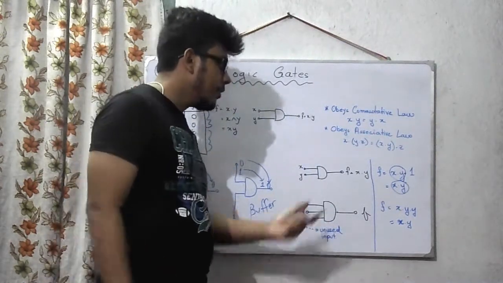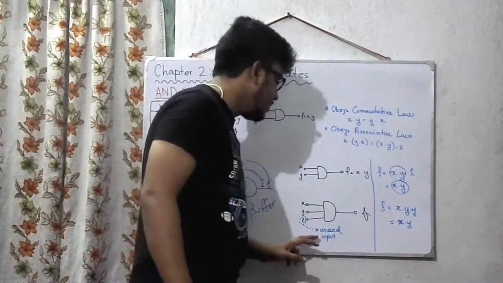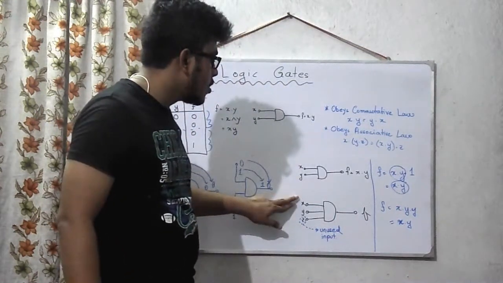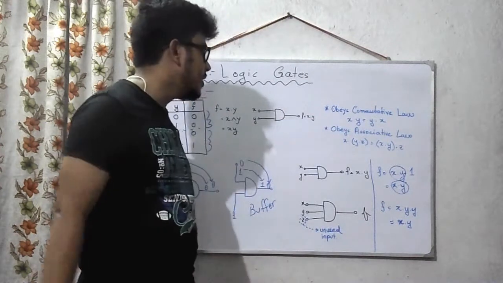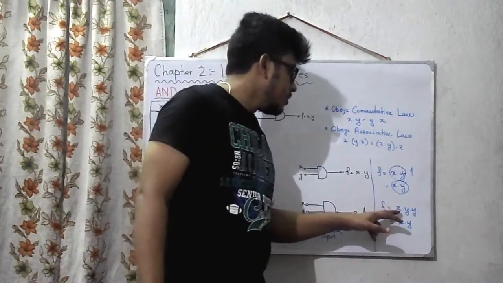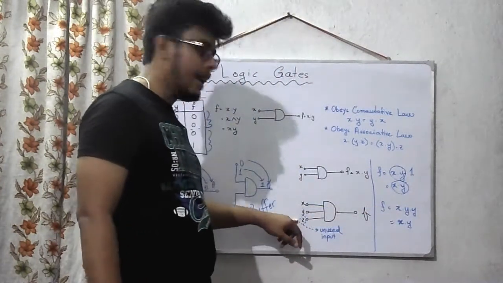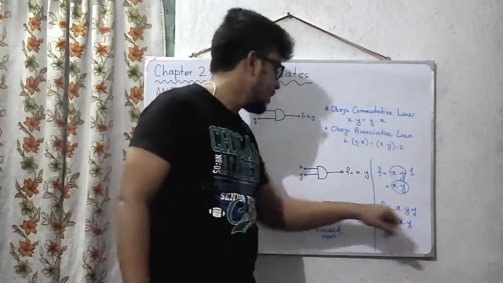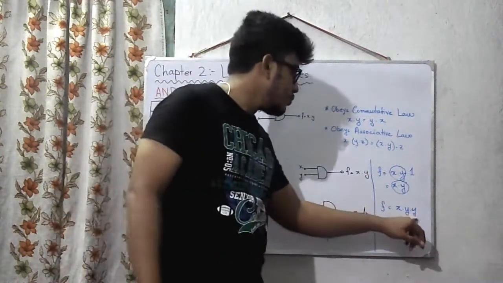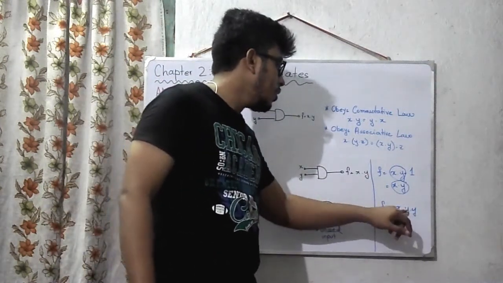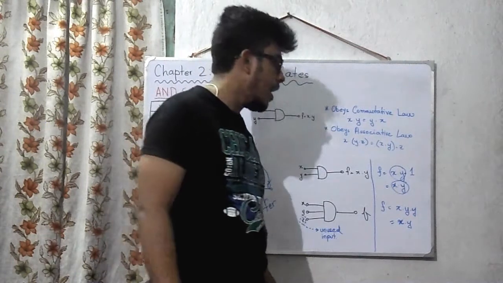The other way of doing it is, you can connect this unused input to either of the two remaining inputs. Suppose you have x dot y and you connect z with y. That means z will become y. Now y dot y is y. How do I say that?